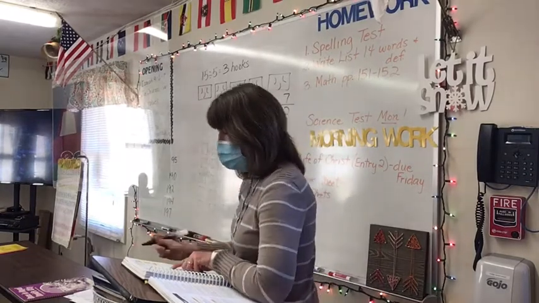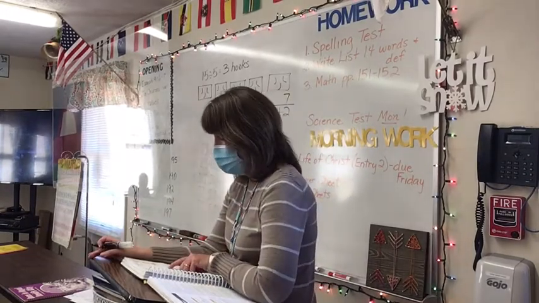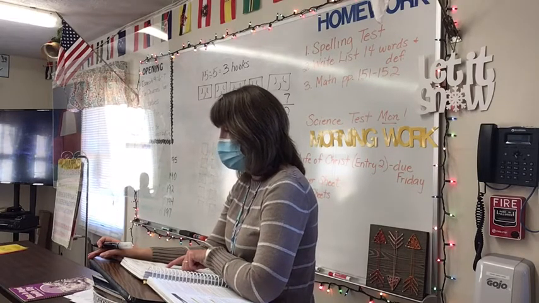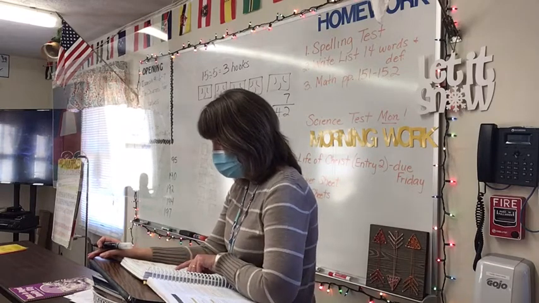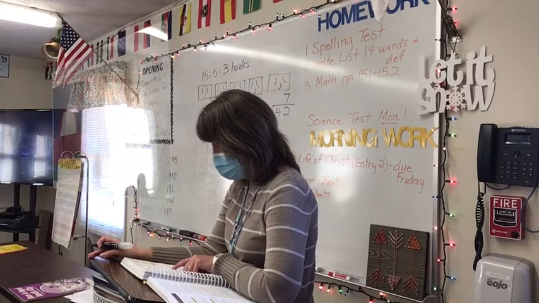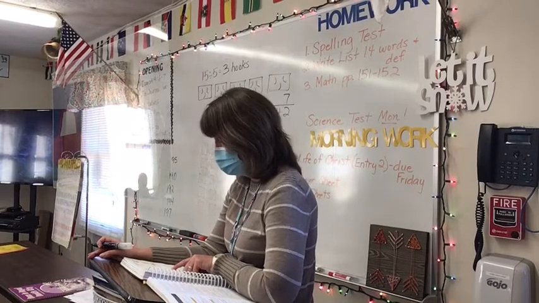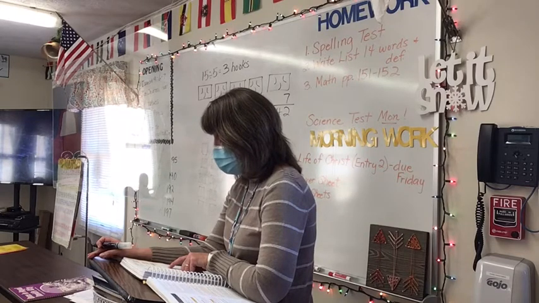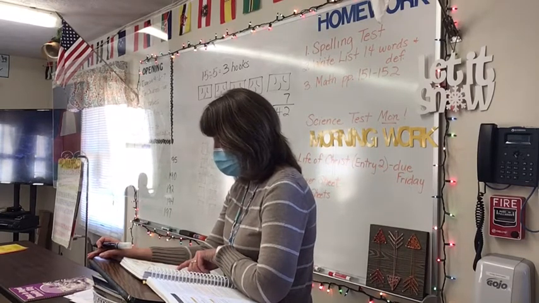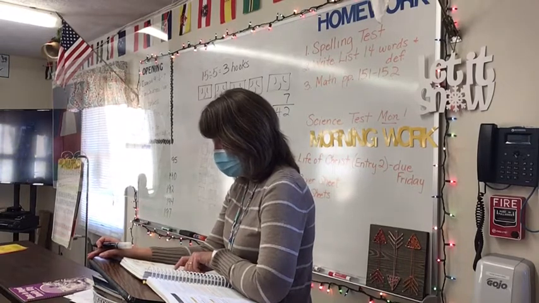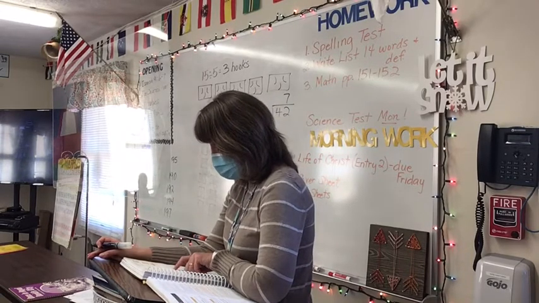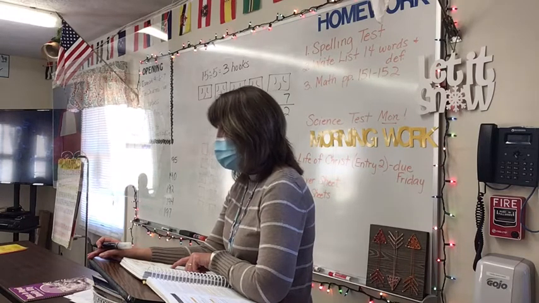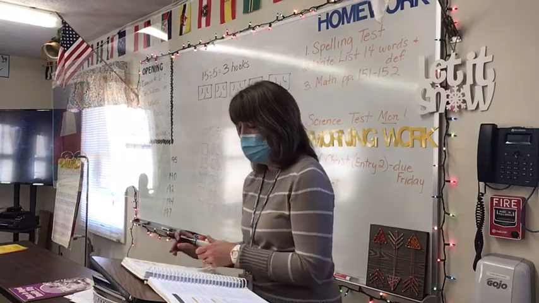Okay, what is 28 divided by 7? 4. 15 divided by 3? 5. 64 divided by 8? 8. 24 divided by 8? 3. 8 divided by 4? 2. 6 divided by 6? 1. 45 divided by 5? 9. 54 divided by 9? 6. 18 divided by 2? 9. 63 divided by 9? 7. And 0 divided by 7 is 0. Very good.